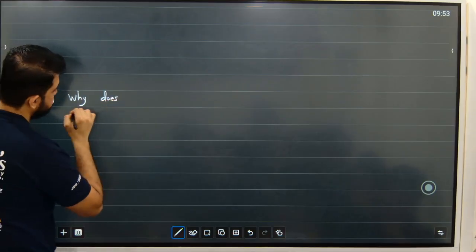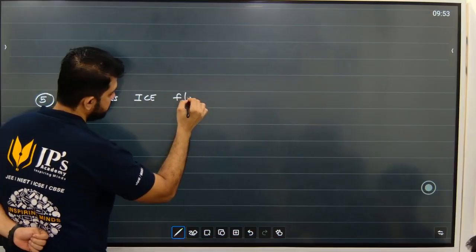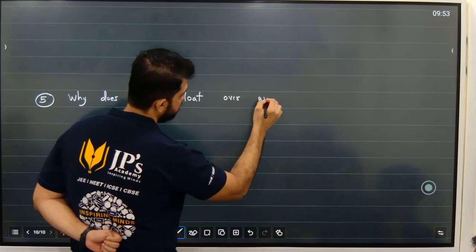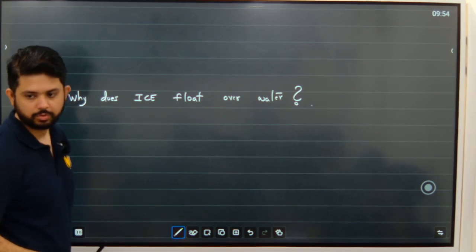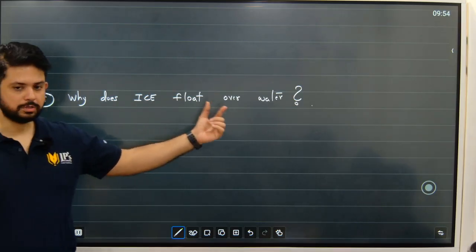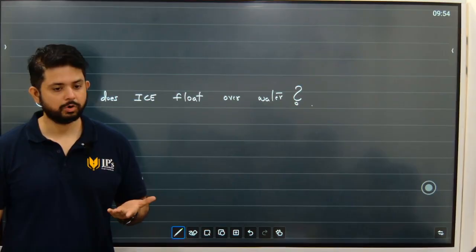Can you explain this to me? Why does ice float over water? So between ice and water, which is the denser medium? Water.